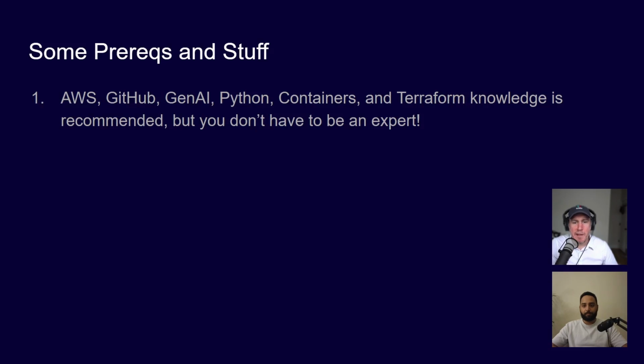AWS, GitHub, Python, containers, Terraform, all of that's going to show up to some extent. You do not need to be an expert at it, but you do need to understand how to set up an AWS account and not get your account hacked. You need to know how to hide your environment files so that your OpenAI key doesn't get stolen from GitHub.